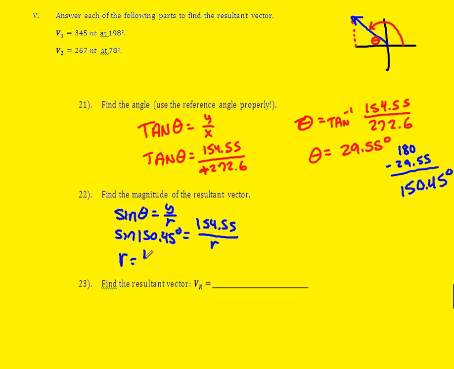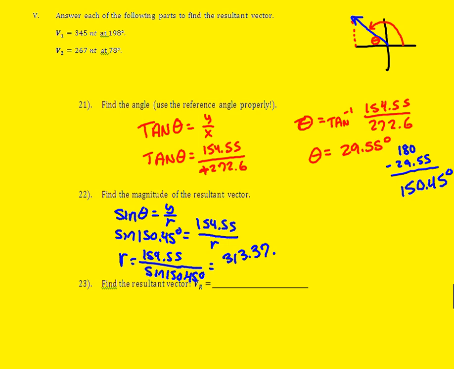So r will equal 154.55 over sine of 150.45 degrees. When I plug it in, I should get 313.37 for my answer.